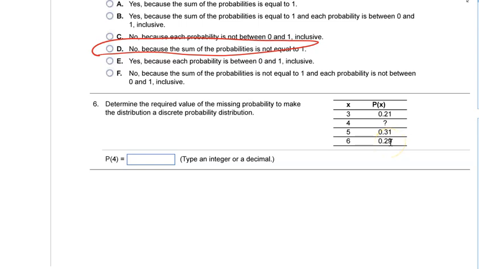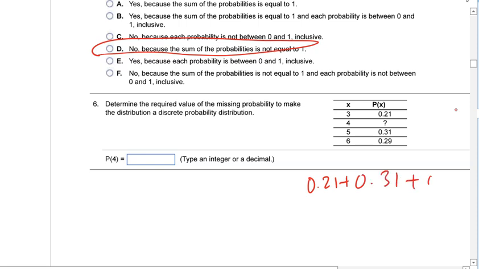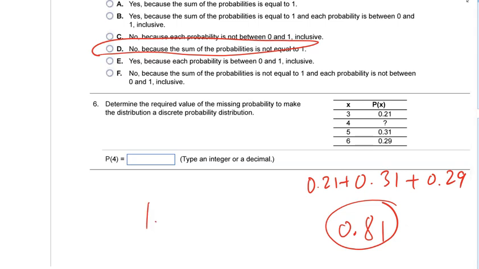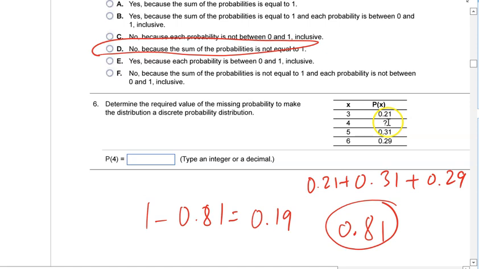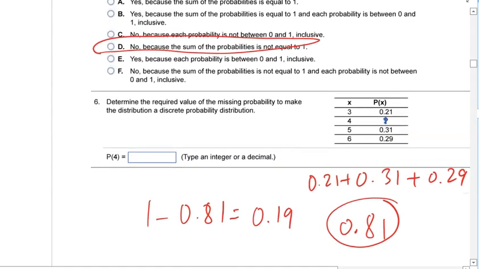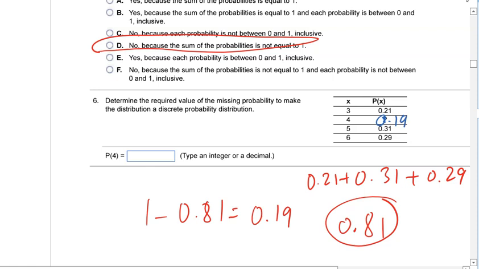If you add these probabilities, 0.21 plus 0.31 plus 0.29, the sum is 0.81. Therefore, to get 1, you subtract 1 minus 0.81, which is 0.19. The number in this question mark must be 0.19. That is P of 4.